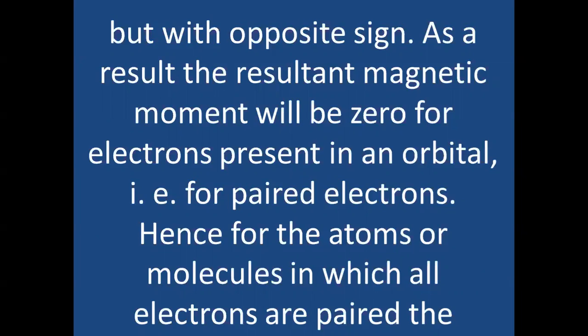As a result, the resultant magnetic moment of that atom or molecule will be zero. Therefore, for all paired electrons, the resultant magnetic moment is zero.